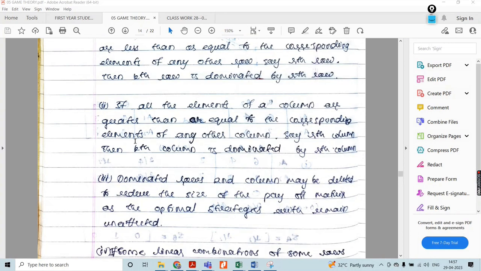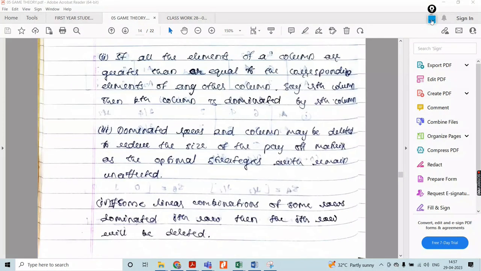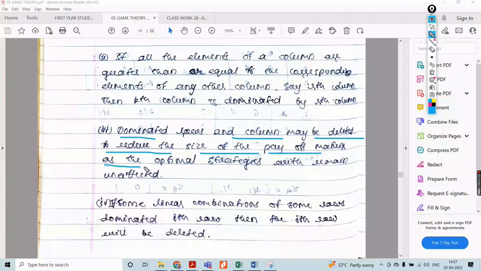This is with respect to the row and column. Second, the dominated rows and columns may be deleted in order to reduce the size of the payoff matrix. Why do we need to reduce? We want the optimal strategies to remain unaffected. Whatever strategy you implement, we need to consider the maximum possibility of winning.